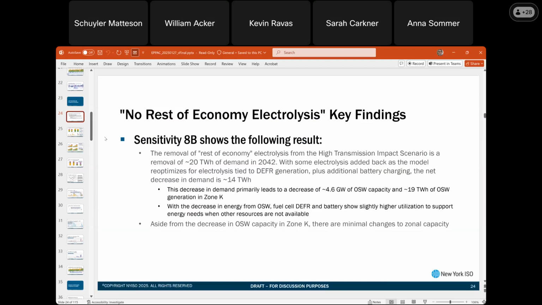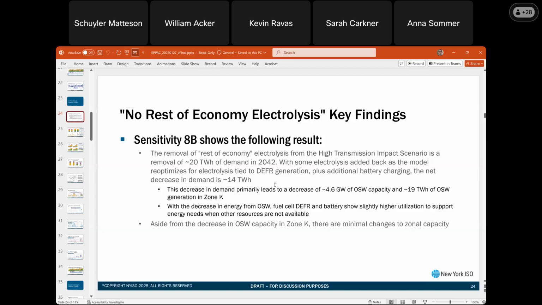And so some electrolysis does get added back as the model re-optimizes for the electrolysis tied to the defer generation. Plus there's some additional battery charging that occurs in this case. So it leads to a net decrease in demand of about 14 terawatt hours.